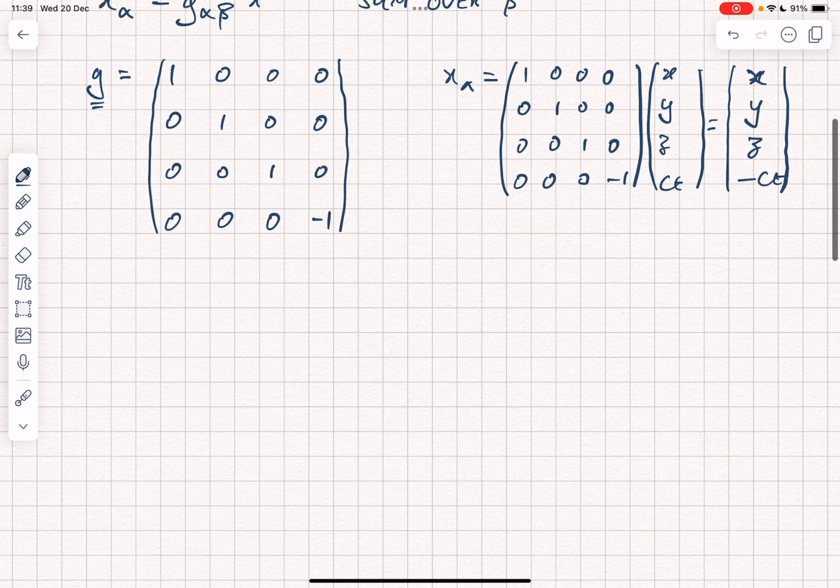We can, of course, write the Lorentz transforms in terms of a tensor. And the tensor is defined as follows.